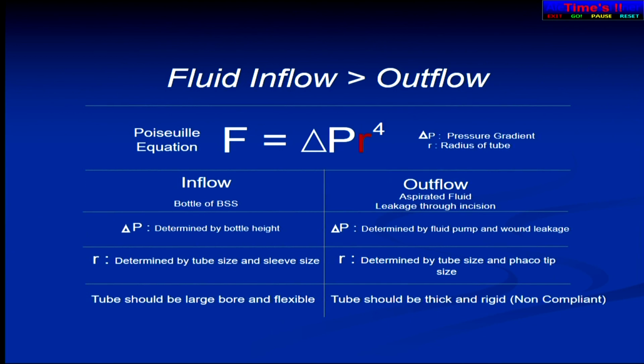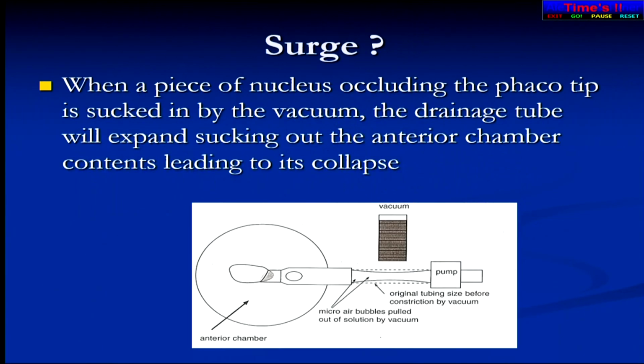I need not go into details of this. Inflow, outflow depends on the caliber of the tubes, power, so many things, bottle heights. So surge is basically that when this piece goes into this tip, suddenly this tube opens up, and then you have the collapse of the chamber, that is the surge.